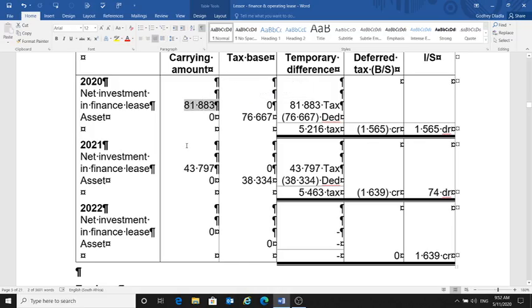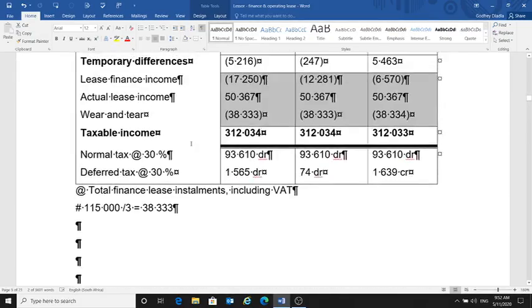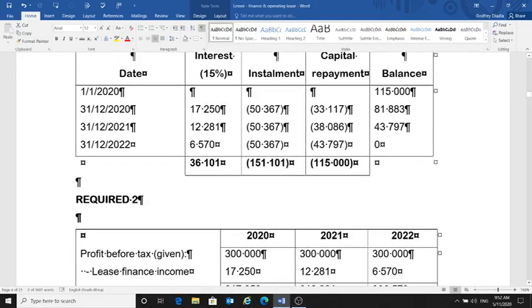This one is the end of the year balance. You can read this from the amortization table. Okay, this is 2020. By end of 2020, according to the amortization table, what is the closing balance? It's this one, right? By the end of 2021, it is this one. By the end of 2020, it is 0.